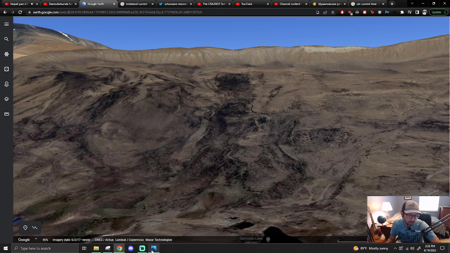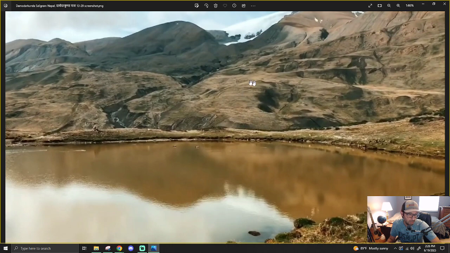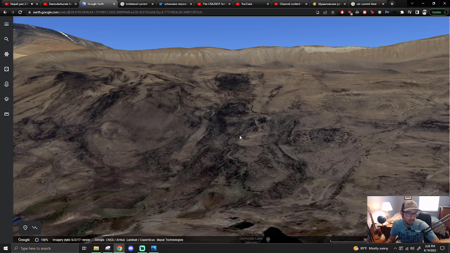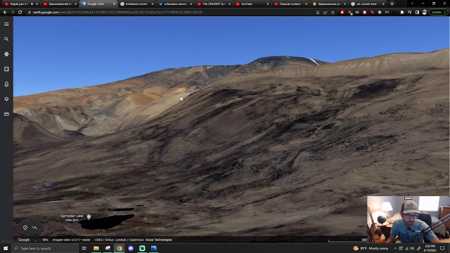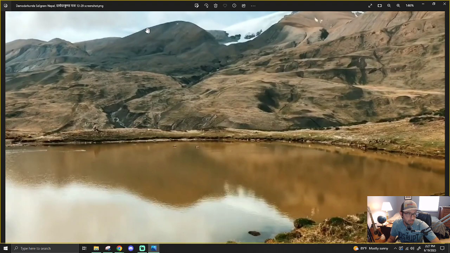Maybe this here really looks more like this. It turned at that angle, I guess, so we can see down this side more.